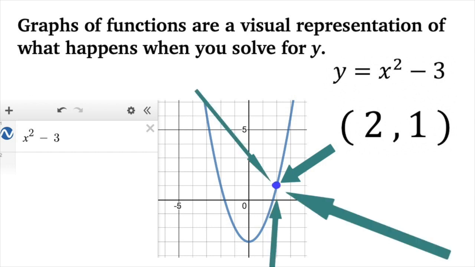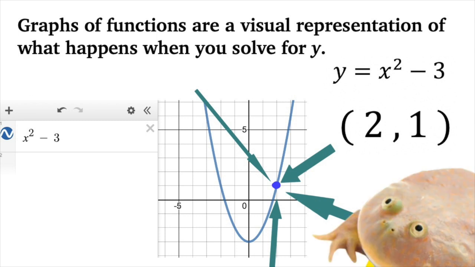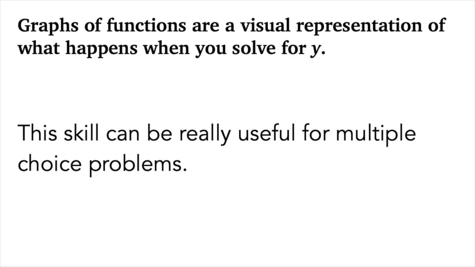It has to be on there because that's how that entire curve was created in the first place. Every single one of those points comes from plugging in an x value and getting that specific y value as a result.